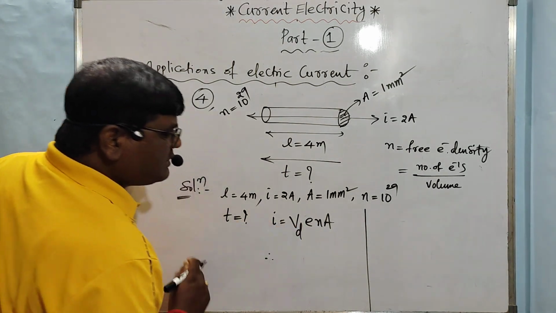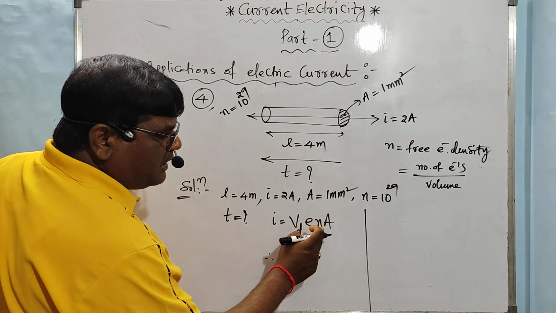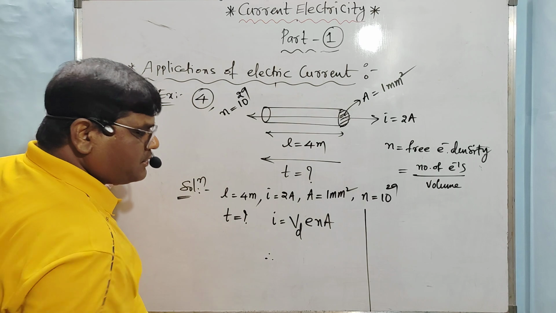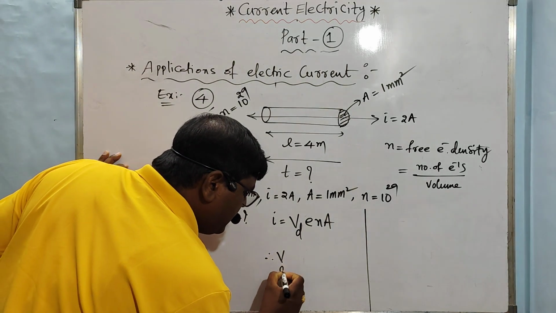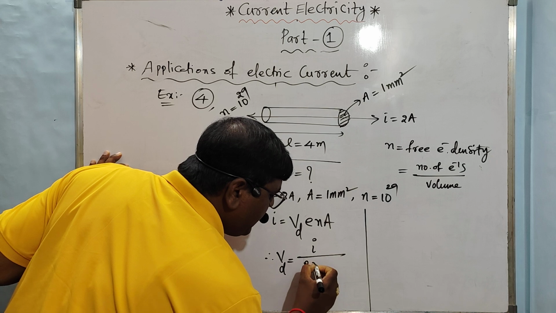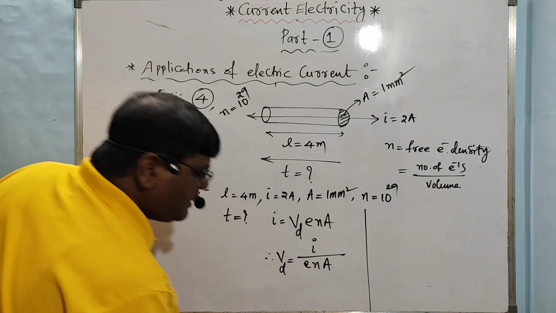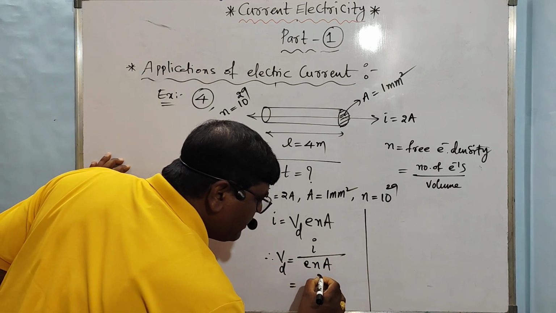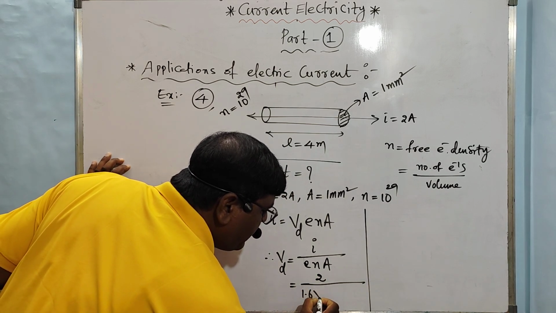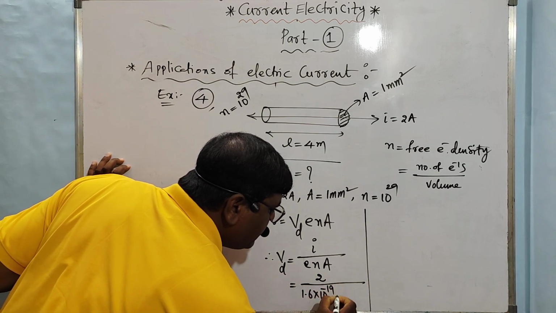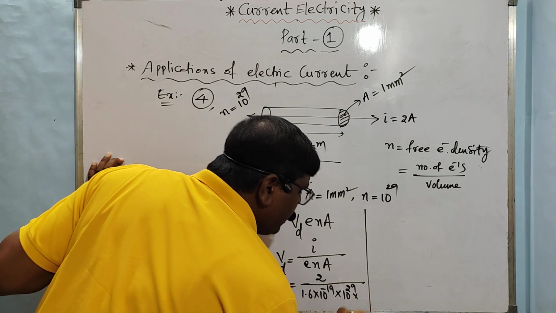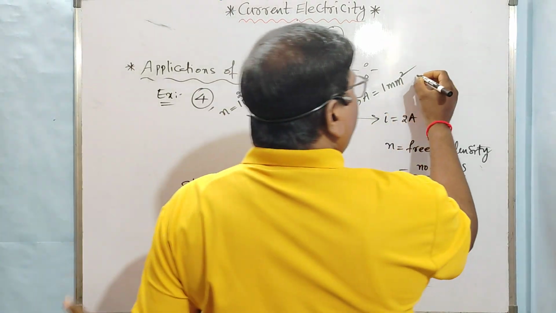The I value is given, E means charge of the electron, N means free electron density, and A is also given. So Vd is equal to I divided by ENA. That is 2 amperes of current divided by the charge of the electron, 1.6 into 10 to the power of minus 19, into N, 10 to the power of 29, into the area of cross section.